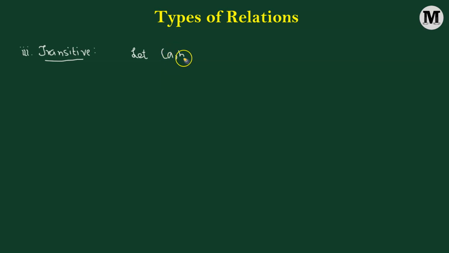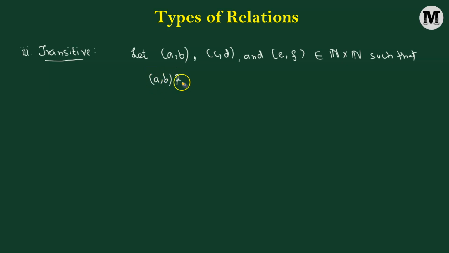So let's say we have the ordered pair A comma B. Next, we consider another ordered pair C comma D, and we are also going to consider a third ordered pair E comma F. Let's say all of these ordered pairs belong to the Cartesian product of n with itself, such that the ordered pair A comma B is related to C comma D, and the ordered pair C comma D is related to the ordered pair E comma F.